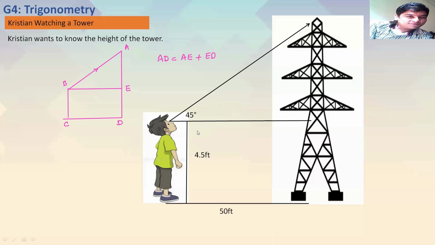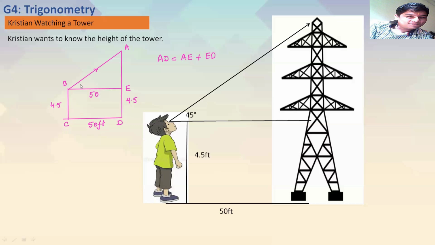Fantastic. And what all is given? CD is 50 feet, so BE must be 50 as well. This length BC is 4.5, so ED is going to be 4.5.